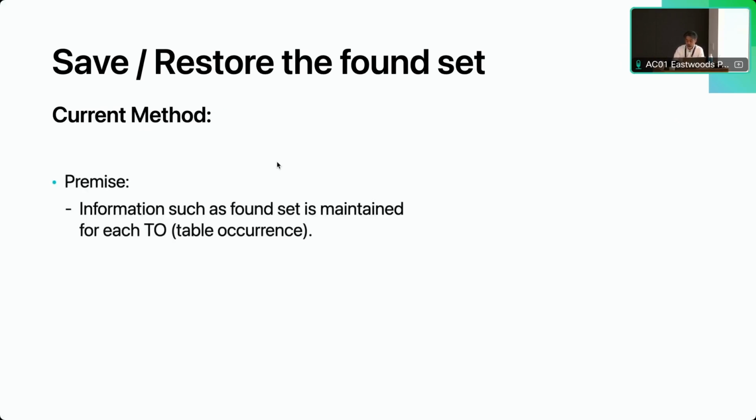First of all, where are the found sets, the sort status and the current record stored and remembered? This is maintained for each TO. Even for the data in the same table, in a different TO, it is a different found set. You knew it, of course.